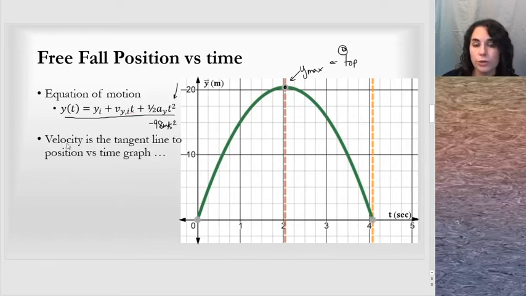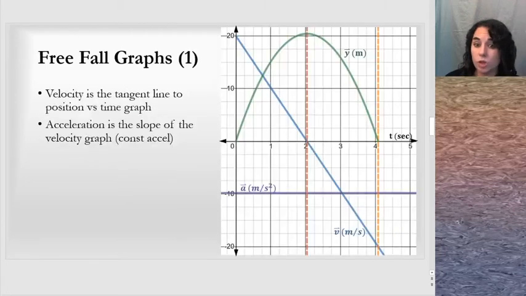What we're going to know is that the velocity is the tangent line to the position versus time graph. Just like the slope of the velocity graph relates to the acceleration, the tangent line of the position graph relates to the velocity. How is that true? Well, when I overlay these graphs, here's the acceleration graph, a constant negative value.